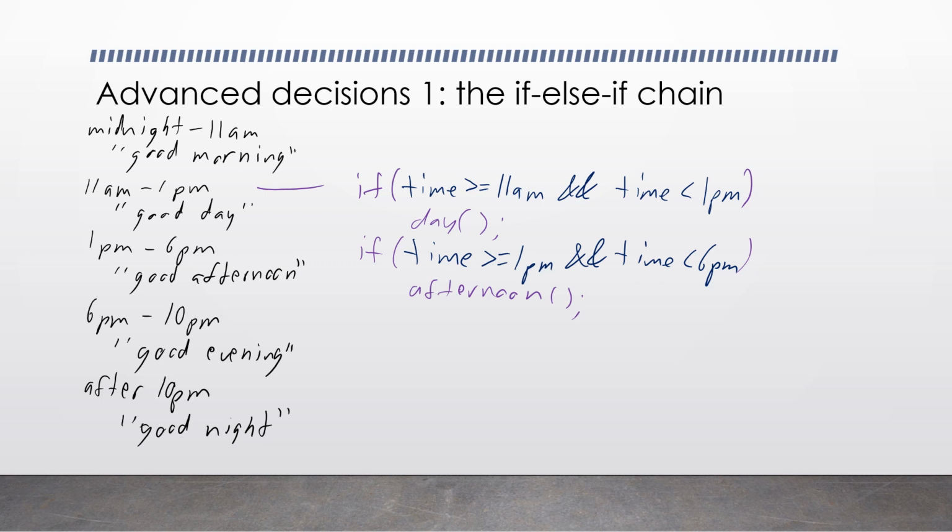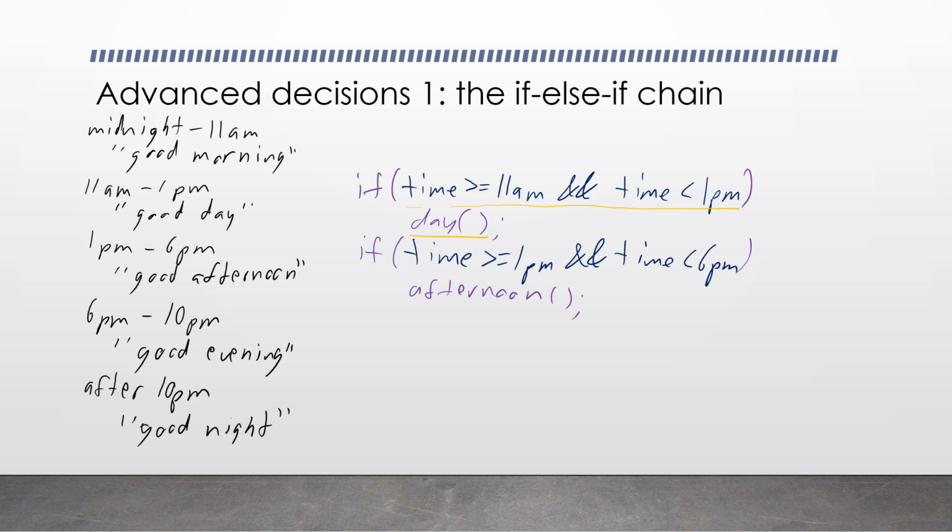We can do that. That's fairly complicated logic, and actually the main problem is it slows the computer down because the computer has to evaluate every single if statement, even if it found the first one to be true. Even if time was noon and it reads through here and says, yep, that's true, going to execute this.